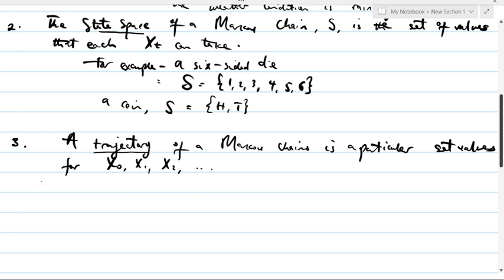So let's take some example and let's understand this definition properly.